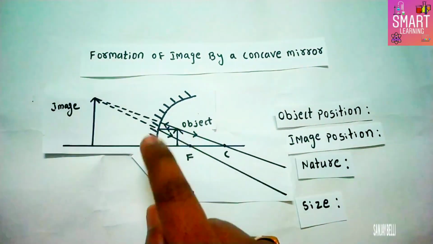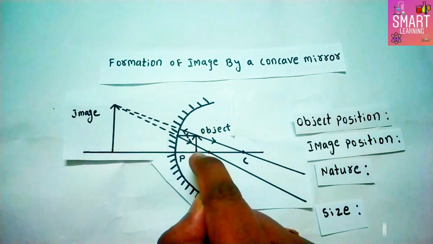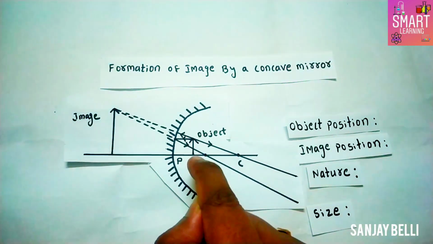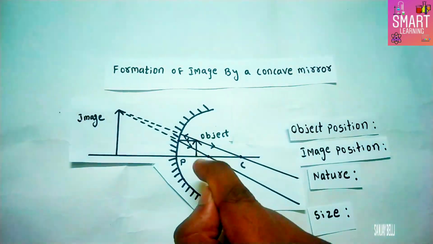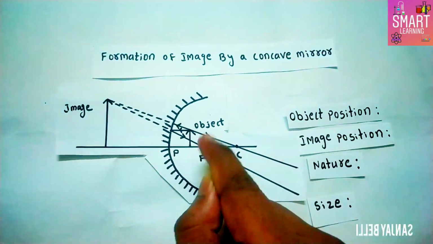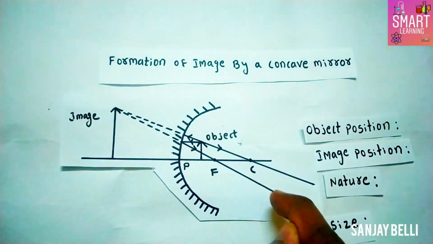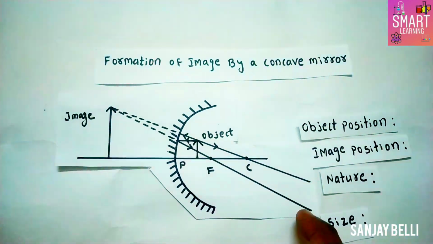So the last ray diagram of the concave mirror: the object is placed between P and F. In this case I used rule 1 and rule 3. On F, I used rule 1 and rule 3, and between P and F also we have to use rule 1 and rule 3. Here you see, parallel to the principal axis, passes through the focal point.